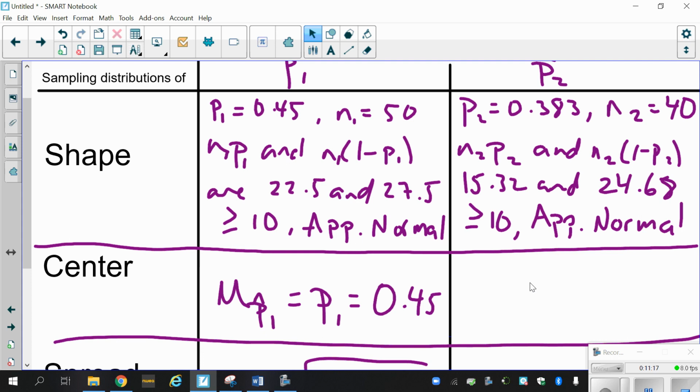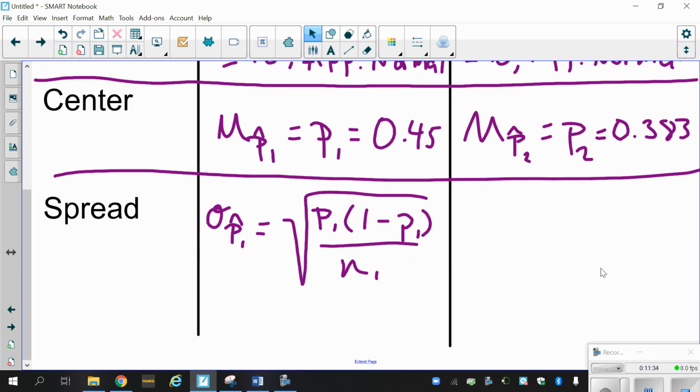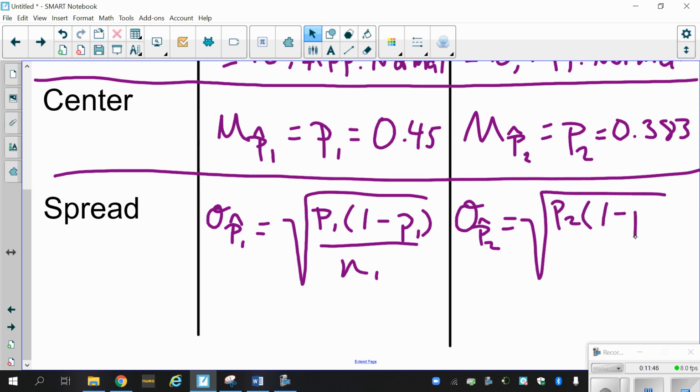So the center then is going to be the true proportion, which is 0.383 in this case. And the standard deviation we get from this formula.